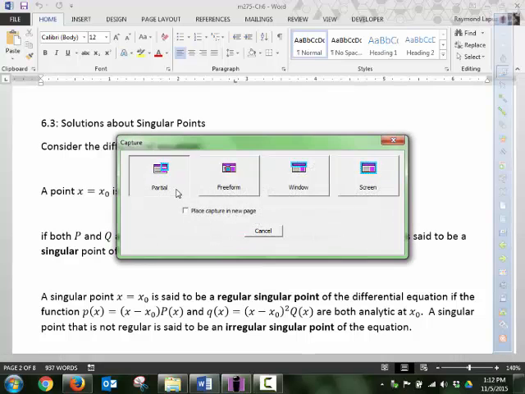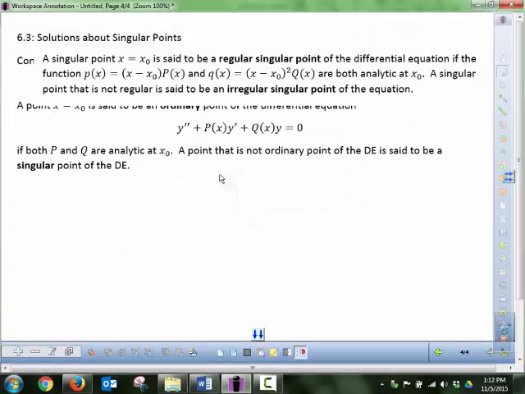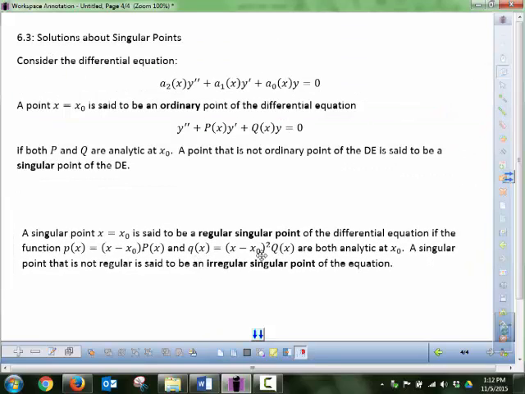So the criteria for a regular singular point is that whatever that singular point is, x sub 0, if you divide p by that linear factor x minus x naught, then your new function becomes analytic.